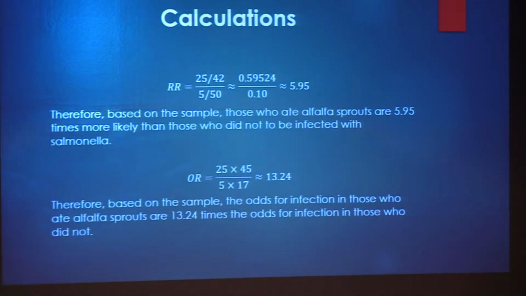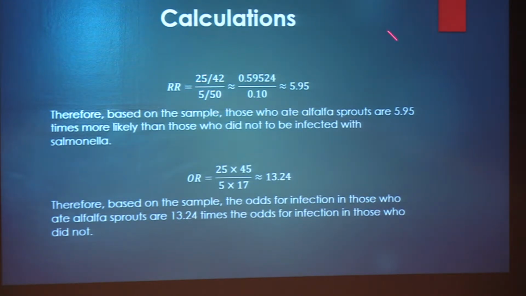And here we go, we have the ratio of two probabilities: 0.59524 approximately divided by 0.10. That gives me a really nice number of 5.95. We'll see what that means in a minute. Therefore, based on the sample, those who consumed alfalfa sprouts are 5.95 times more likely to be infected with salmonella than those who did not consume sprouts.